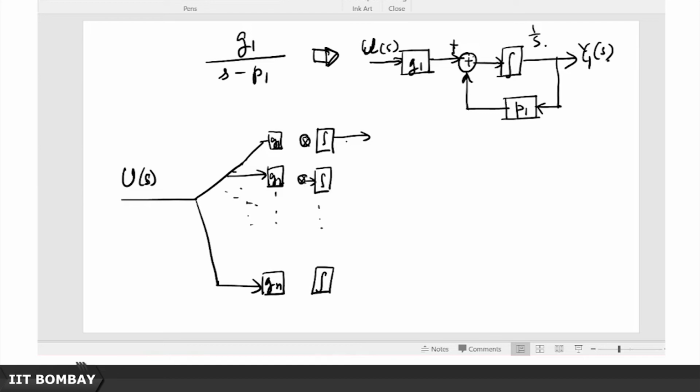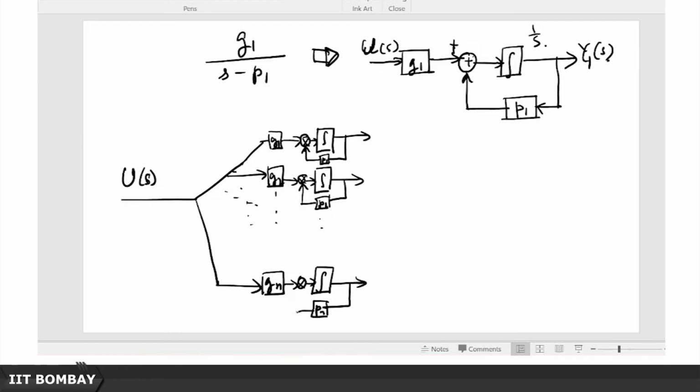I have this block P1, and this block P2. Again I am not violating any of the conditions, I have only used gains, integrators and summers, so this is as legitimate a realization as any.